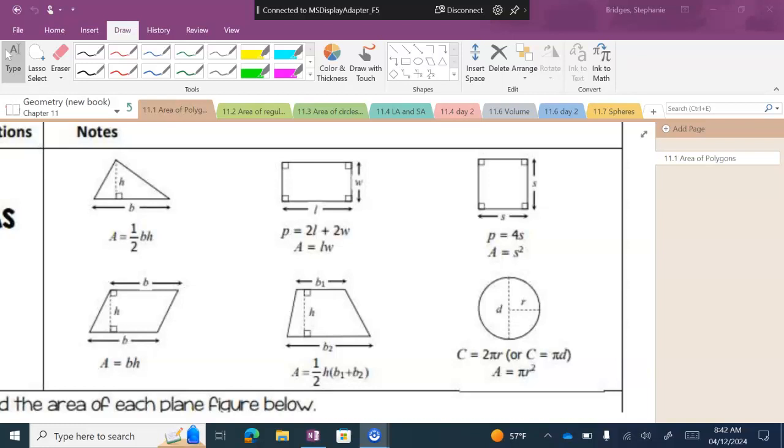Now, let me just talk to you about the rectangle. The square. And then the parallelogram.